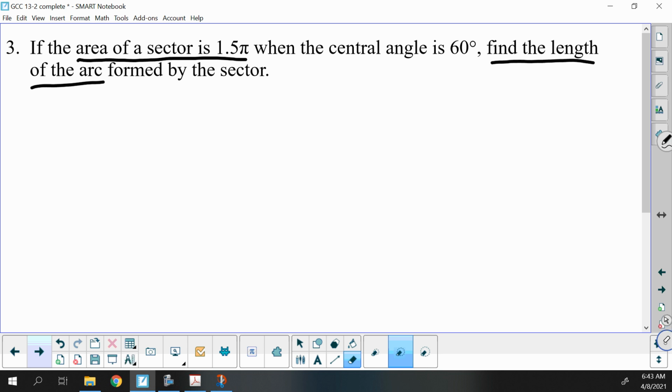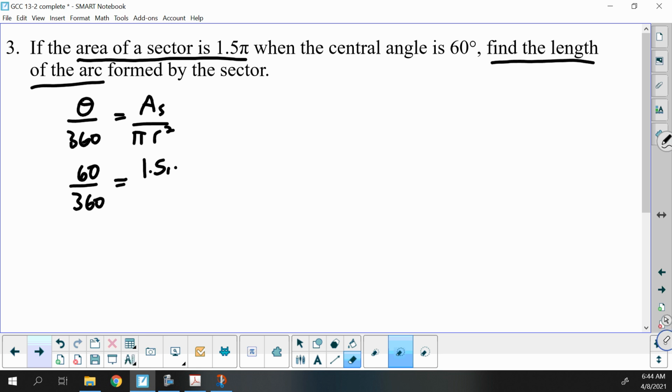Because they gave us a value for the area of the sector, we want to start with our proportion for area of the sector. Theta they told us was 60, so 60 over 360 equals our area of the sector, 1.5 pi, over pi times the r squared that we don't know.